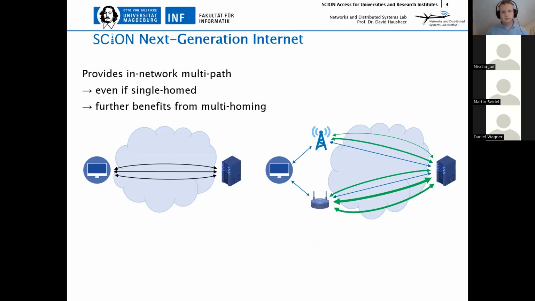Now, this can be used, that's kind of orthogonal to SCION, but with SCION, there are further benefits, because in the backbone network, you can also choose entirely different paths. And so these two things can be combined, and thereby additional path opportunities exist in addition to the multi-homing possibility.